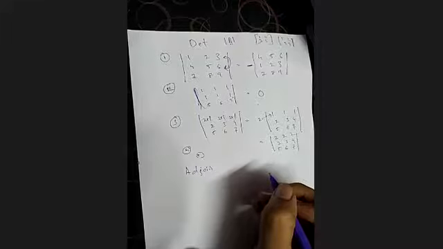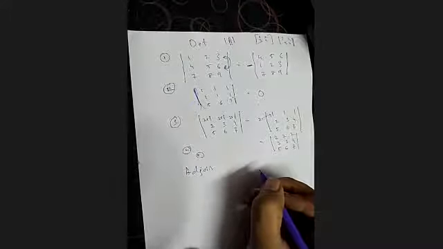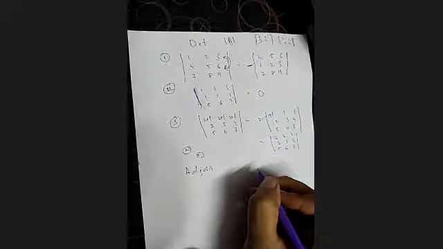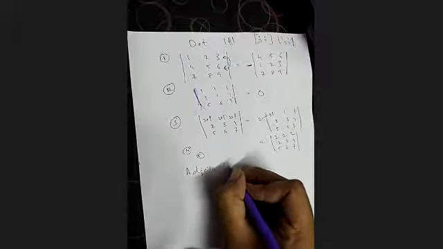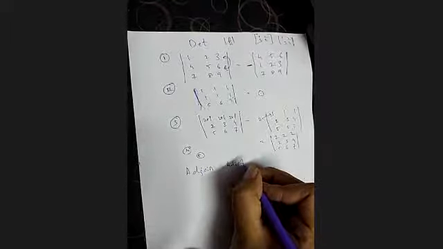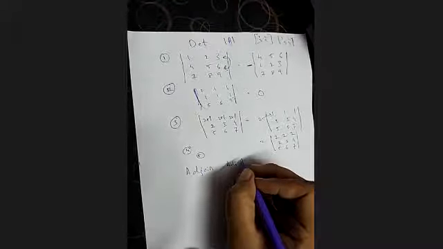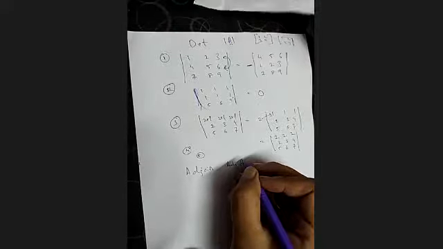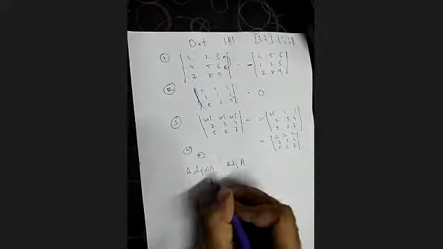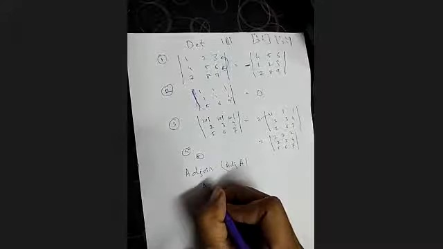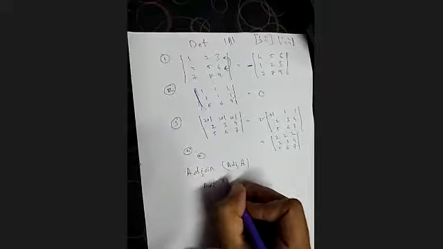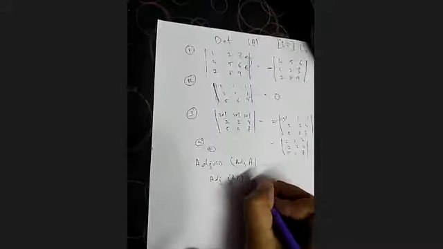The transpose of the matrix formed by replacing the elements of a square matrix with the corresponding cofactors is called the adjoint of A. It is denoted by adj of A. So adjoint of AB will be equal to adjoint of A into adjoint of B.